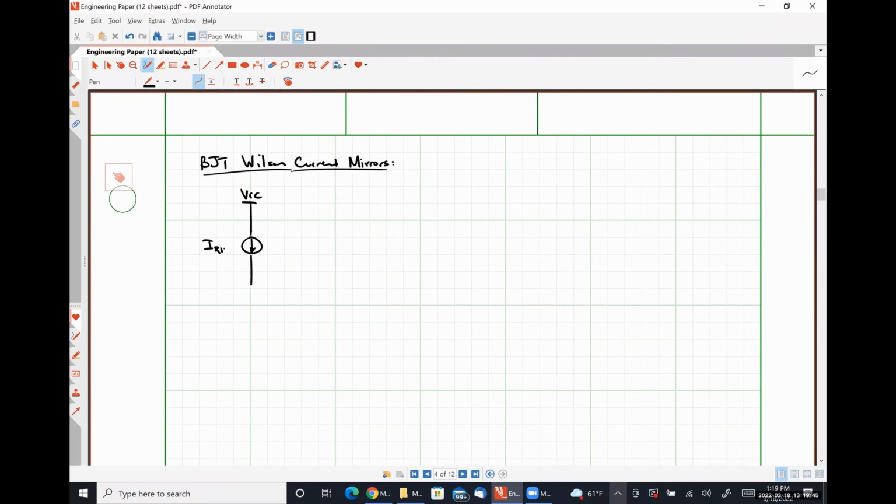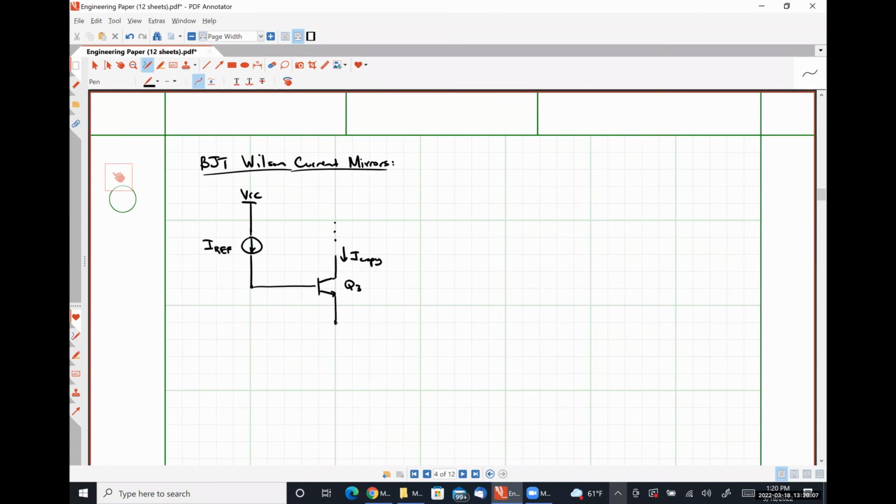Here we have our reference current, IREF. And it supplies the base current for a transistor Q3, which is where our copy current is being produced.